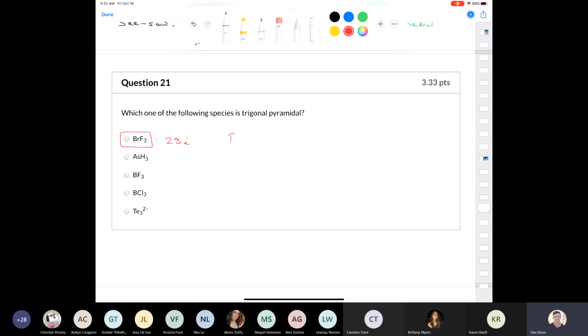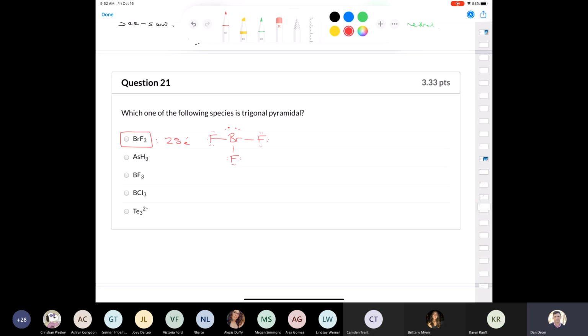If we remember that bromine is going to be the central atom because fluorine is more electronegative, we've got 3 fluorines like that. Remember, fluorine can only ever have 1 bond and 3 lone pairs. Now I've used up 8 times 3, which is 24 valence electrons. I've got 4 left. They're both going to go on the bromine.